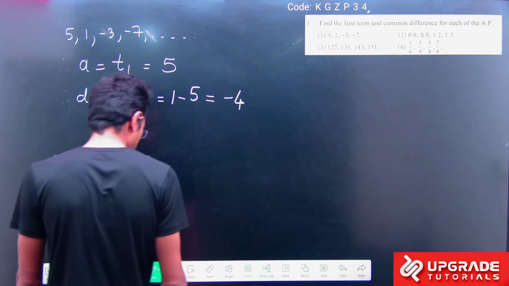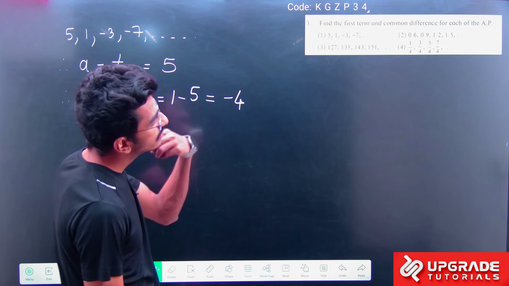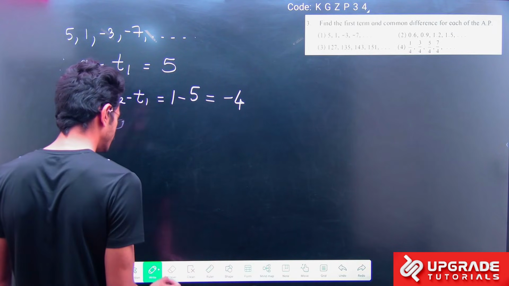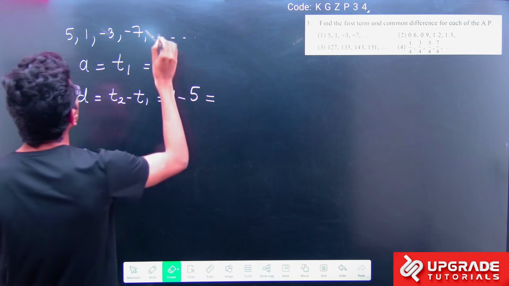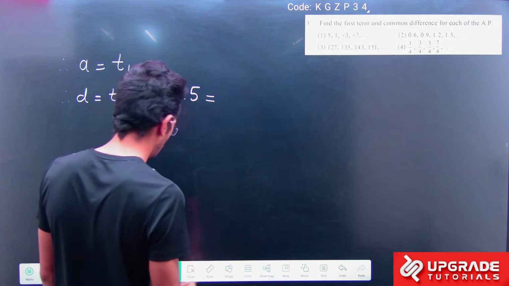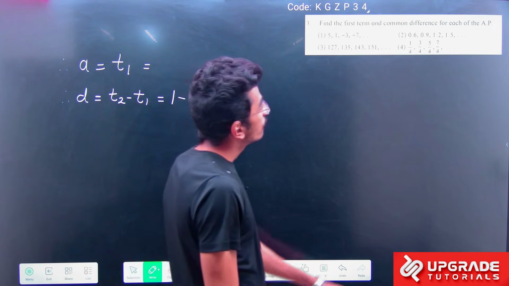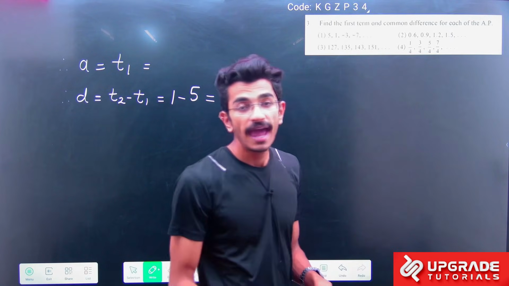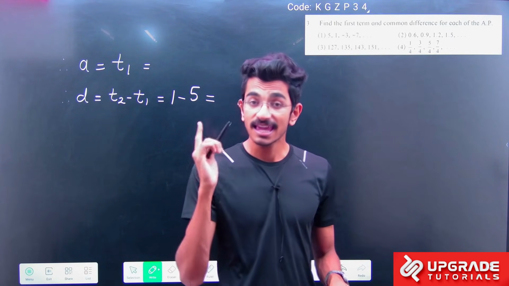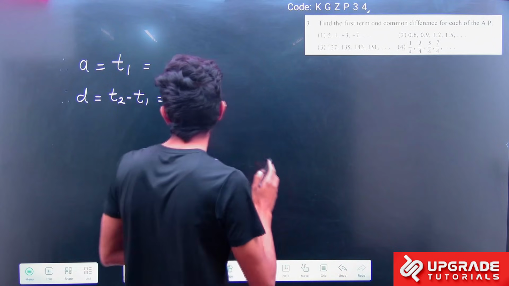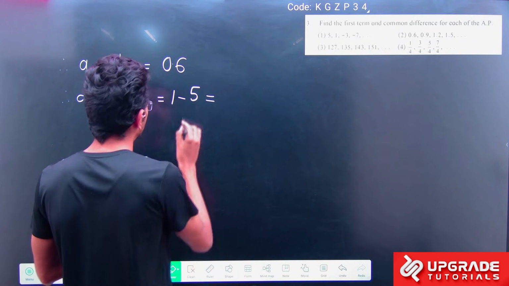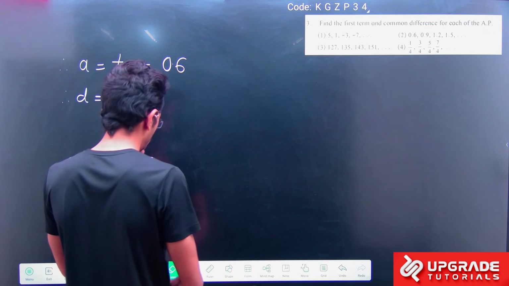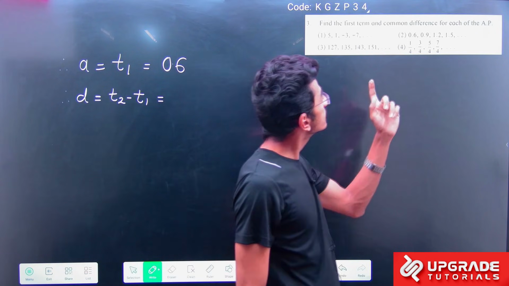Now, we'll check the second question. I'm sorry. For the second question, as I said, what is A? A is the first term, which is 0.6. And what is the difference?